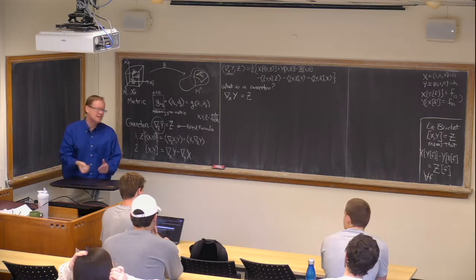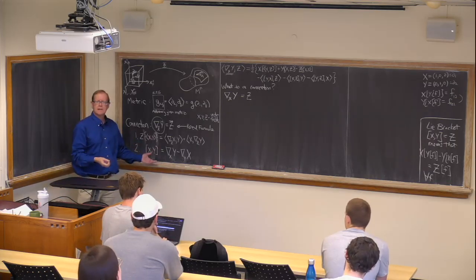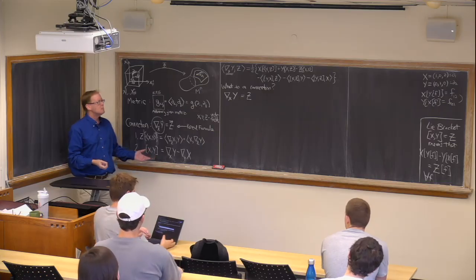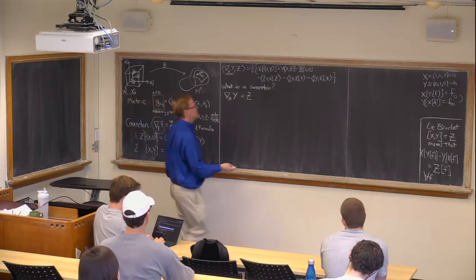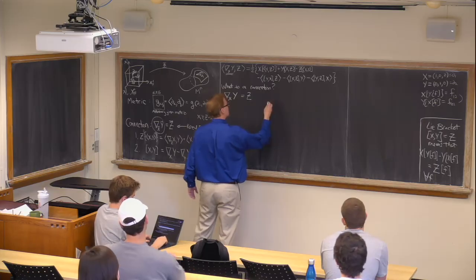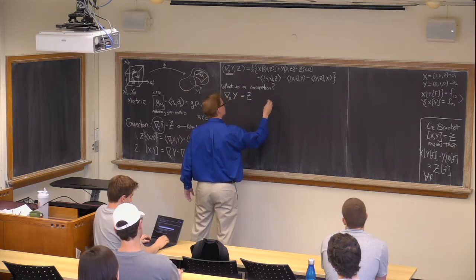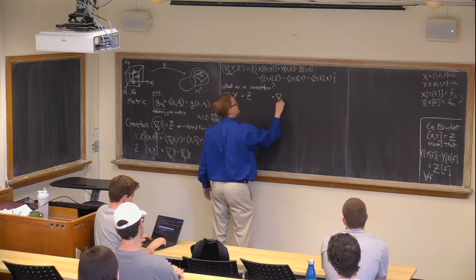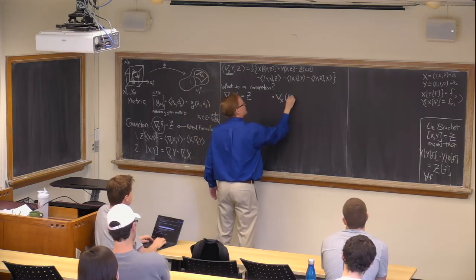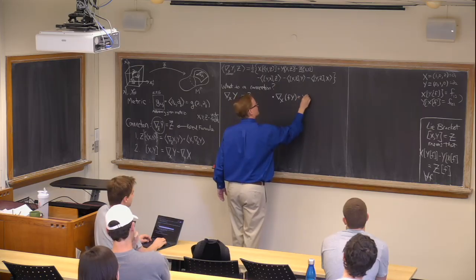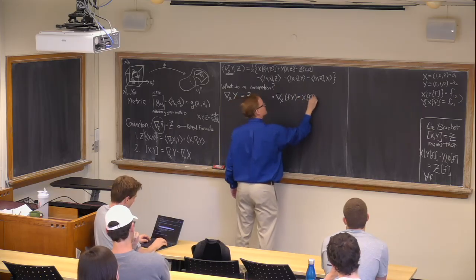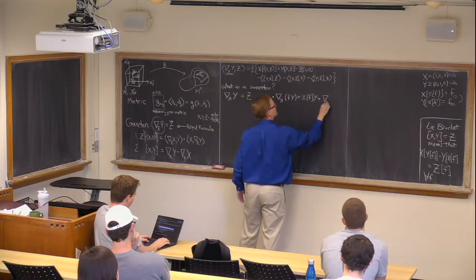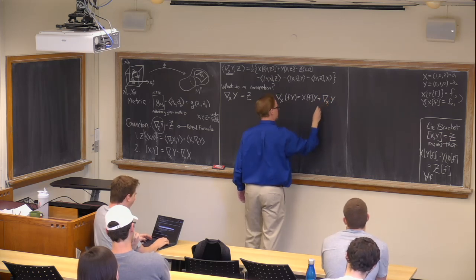The main thing to understand is there's a unique connection that has these properties. But implied in all this are some properties that I didn't really emphasize. For example, if you multiply a vector field by a function, then we want to have this product rule here, right? Whoops, forgot my F there.